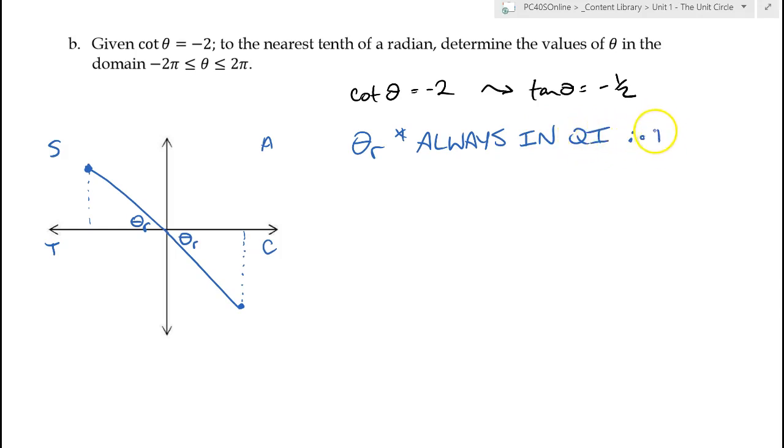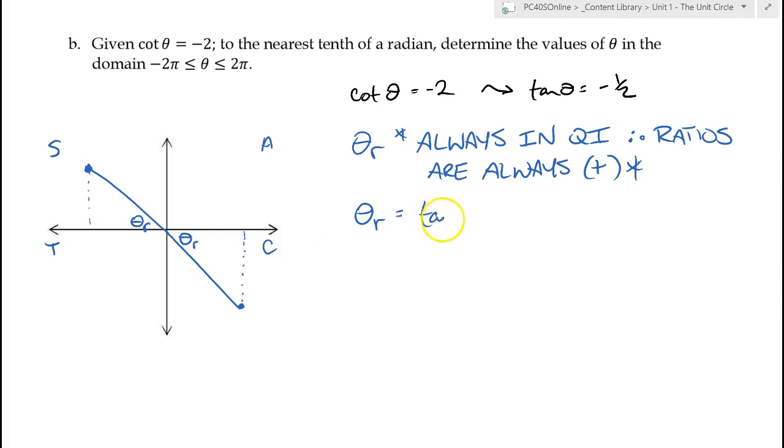Therefore, our ratios are always positive. And that's because all ratios are positive in quadrant 1. So when I find my reference angle, I can do it by doing tan inverse of not just -1/2, but just 1/2.